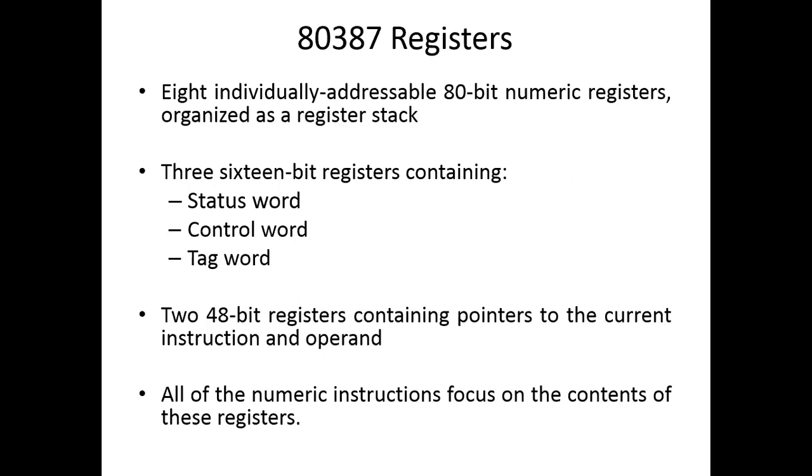Apart from the register stack, we have 16-bit registers, namely the status word, control word, and tag word, and apart from these 16-bit registers, we have two 48-bit registers containing the pointer to the current instruction and the operand. All the numeric instructions focus on the contents of these registers. That means the instruction and the operand are in the main focus, because the operation needs to be performed on the operands.